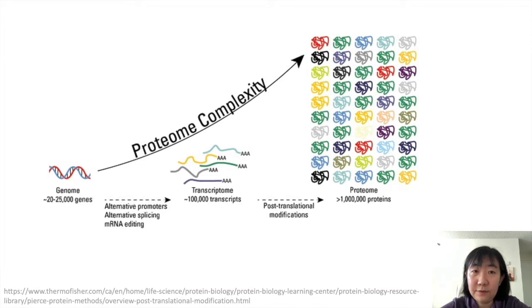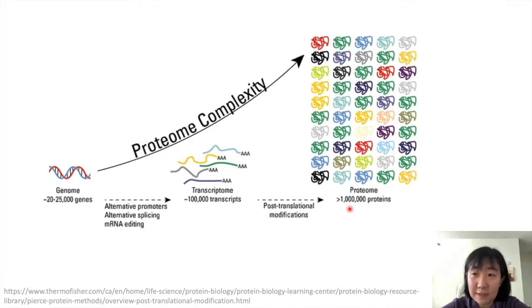Within the last few decades, scientists have discovered that the human proteome is much more complex than the human genome. It is estimated that the human genome comprises between 20 to 25,000 genes. The total number of proteins in the human proteome is estimated at over 1 million. Why? Well, first, single genes can encode multiple proteins.